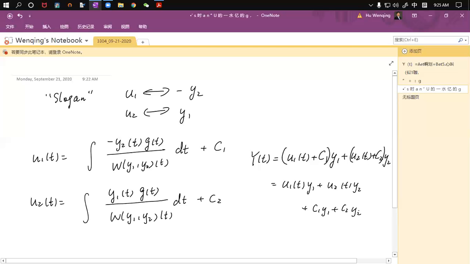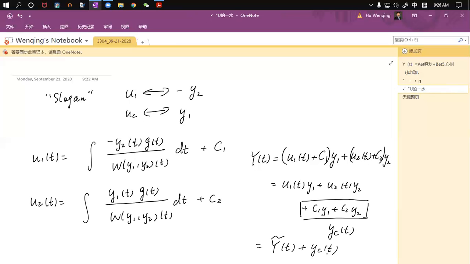So if u1 and u2 are altered by some constants, the particular solution just changes by a complementary solution, which means it is another particular solution plus one of the complementary solutions.